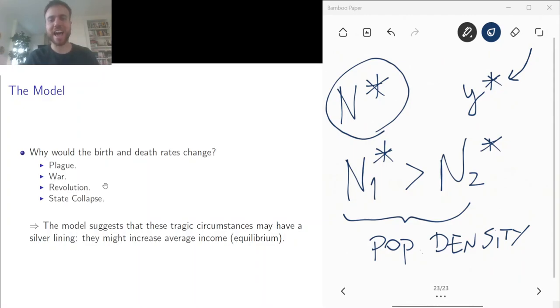They increase average income in the short run. And then everyone is a little bit wealthier in the short run. And then over time, things will go back to the stationary population level and to the subsistence income per capita.